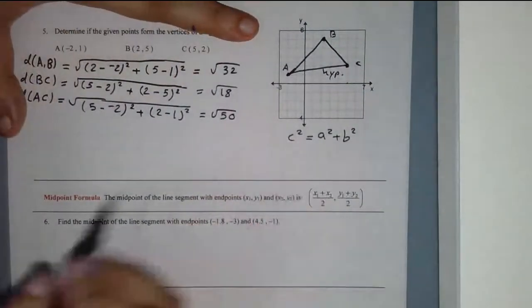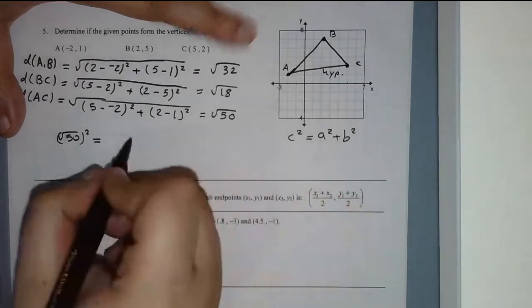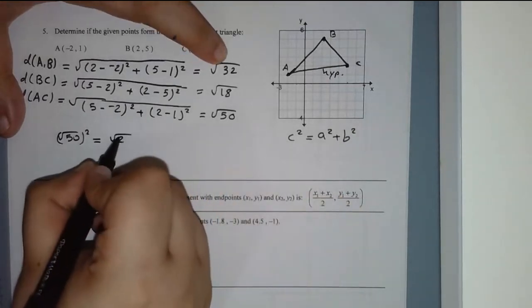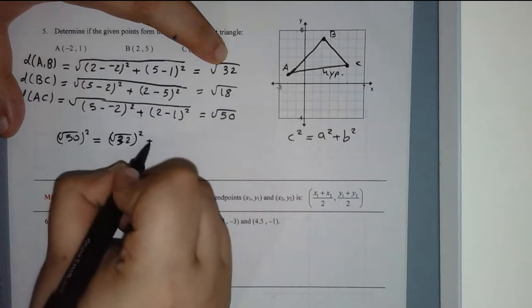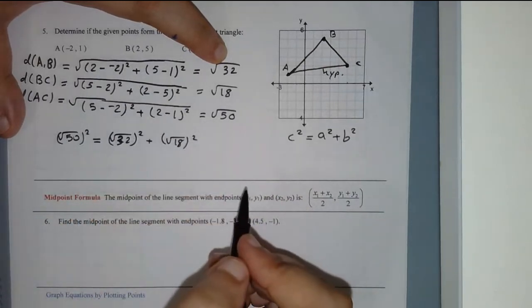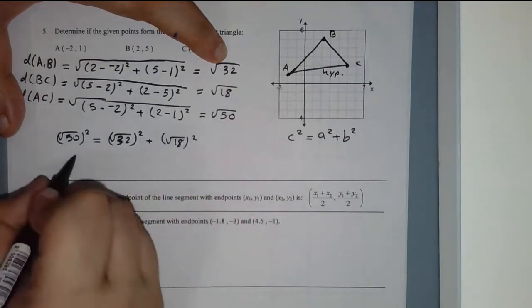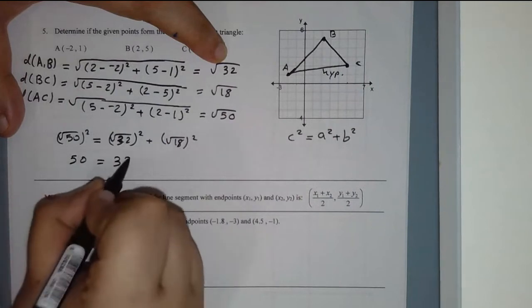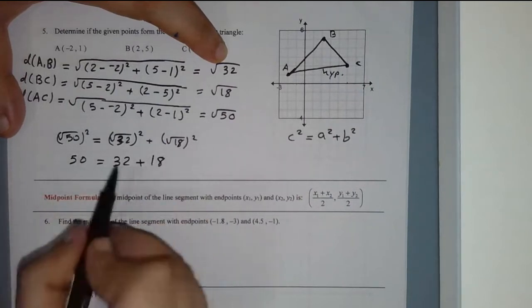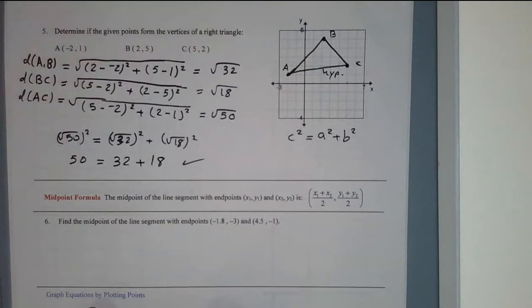Okay, so if I plug these, I'm going to say we have root of 50 squared equals root of 32 squared plus root of 18 squared, like that. So since every single root is squared, the squared cancels with the root. You end up with what? 50 equals 32 plus 18. Now if you add 32 and 18, does it give you 50? Yes, it does. It checks out. So this is a right angle triangle.